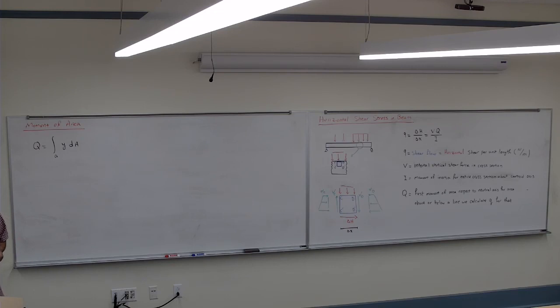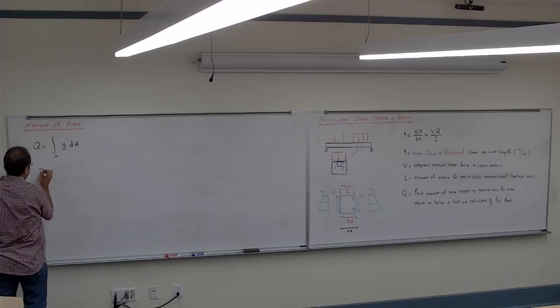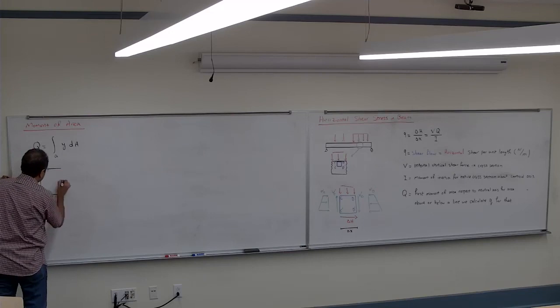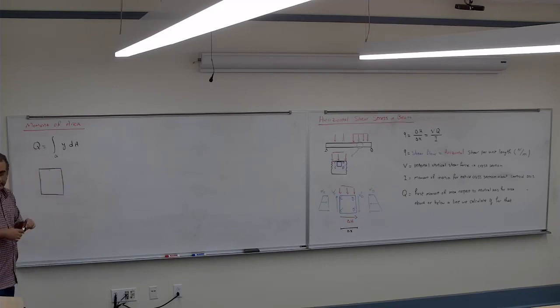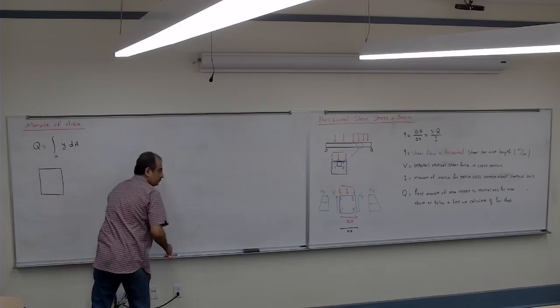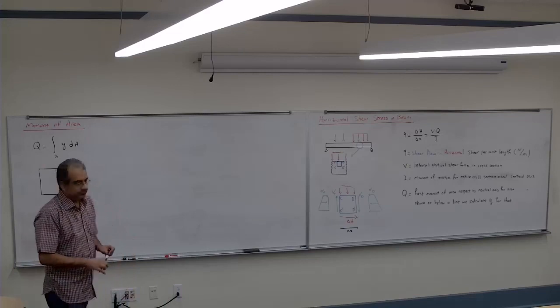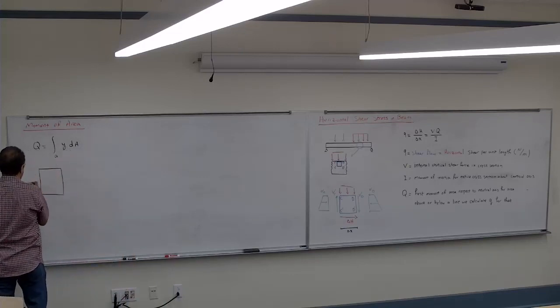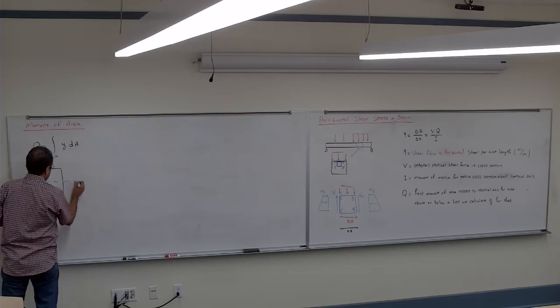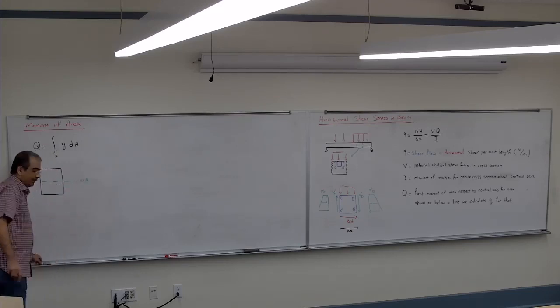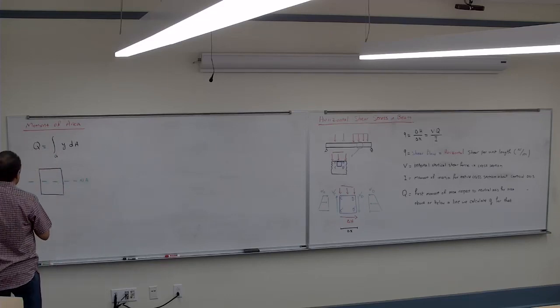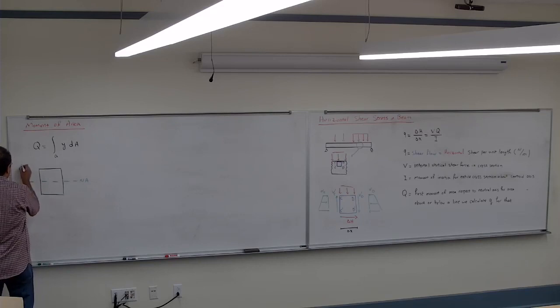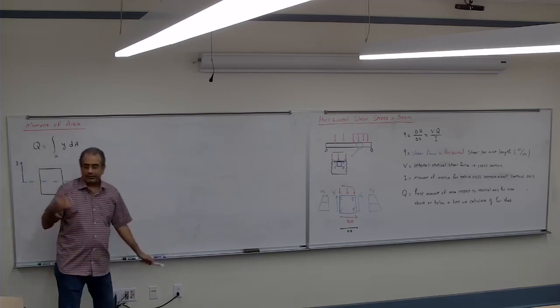If you have a rectangular cross section, then I'm going to have the neutral axis over here, and assume this is the y, and this is the cross section.